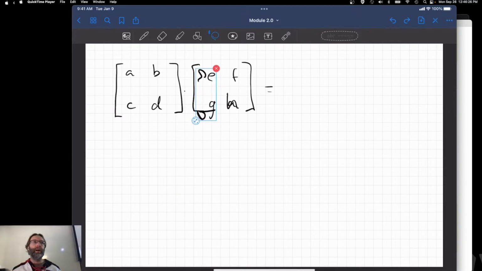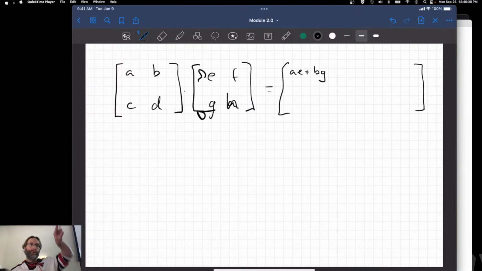I multiply it by the first column, and then I sum those up. So AE plus BG. It's basically the dot product, but the vector has been transposed. So you're taking the row and making it into a column, right?